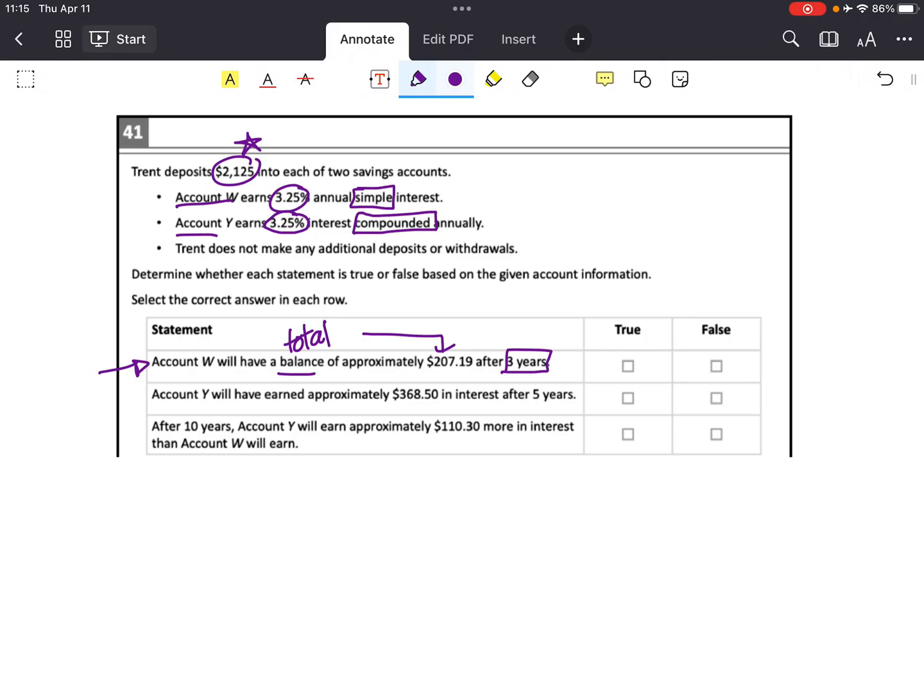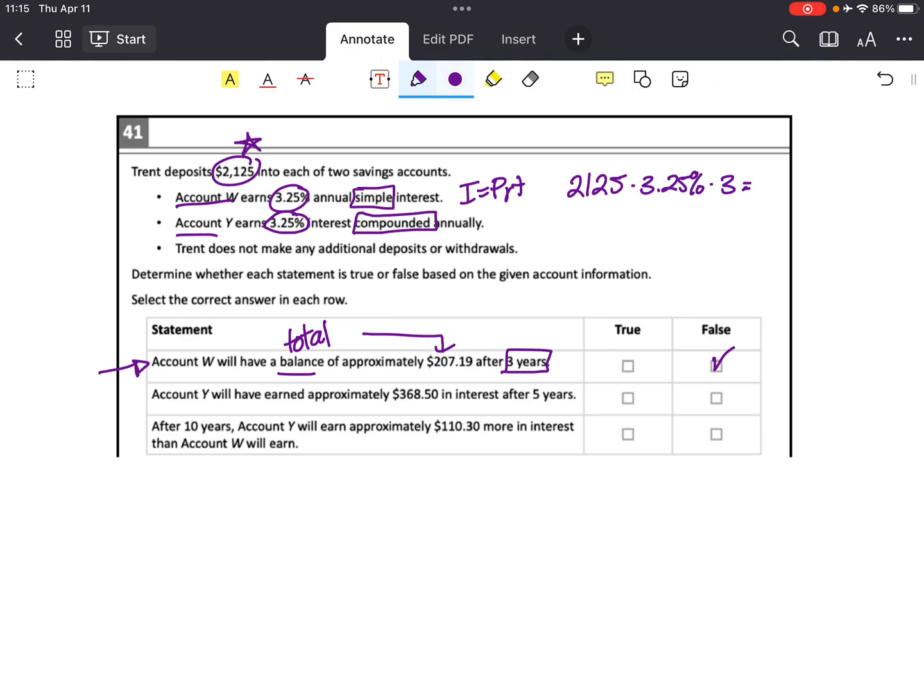No, it does not. So I could already, without any calculations, know that that answer is going to be false. But just in case you want the calculations, here they are. Since it says simple, you would use the formula I equals PRT. You would do the 2,125, multiply it by your rate, and then multiply it by your time.